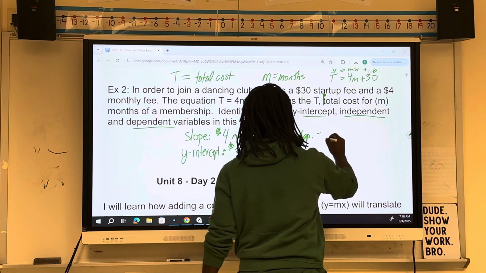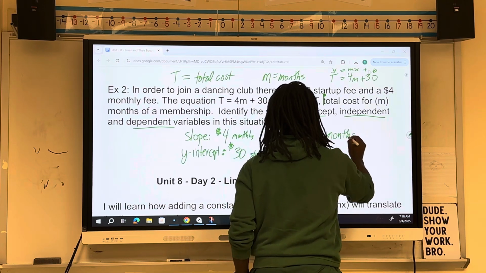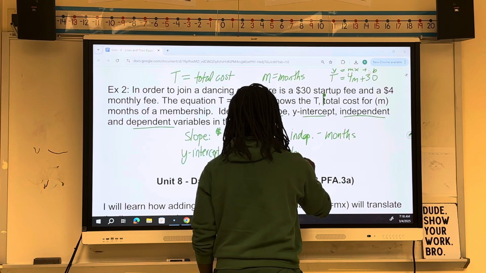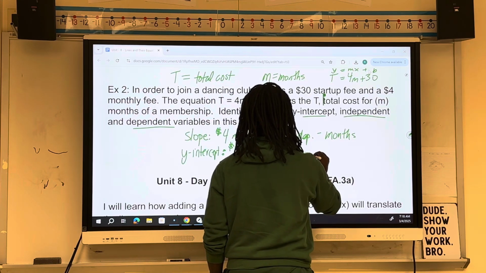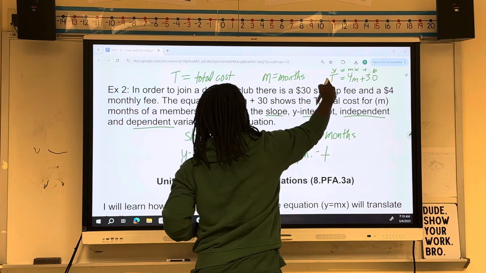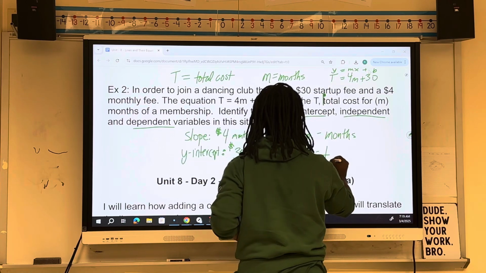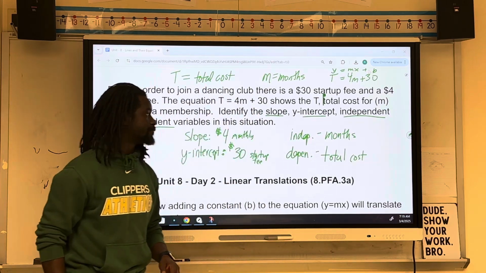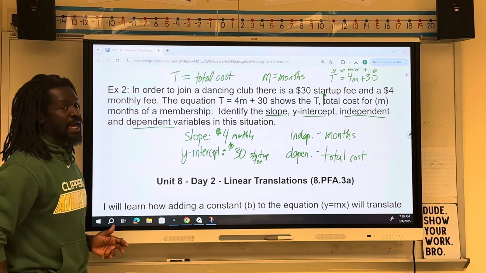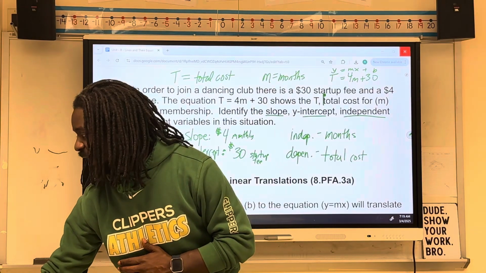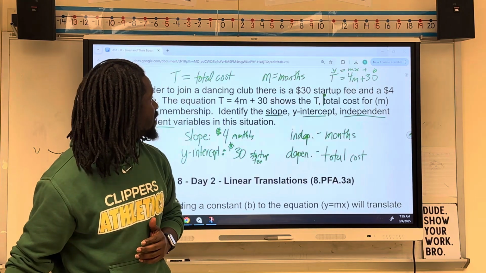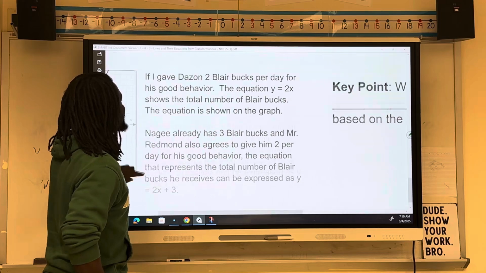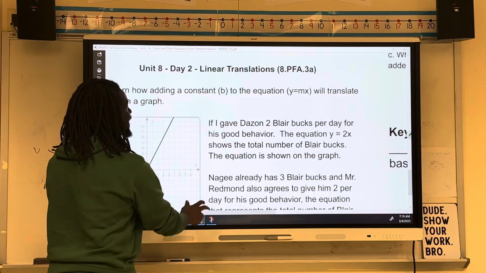The independent variable is the number of months, while the dependent variable is the y, which in this case is the T, the total cost. So there you have it. That's all the examples I have for that. We are going to continue that with more practice later, but now we are officially in Day 2.